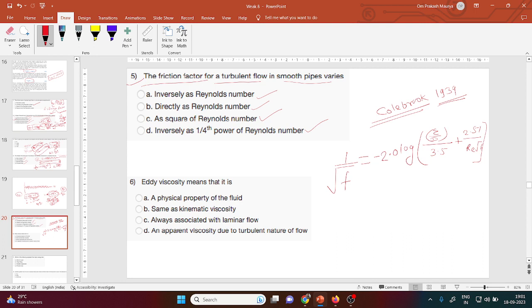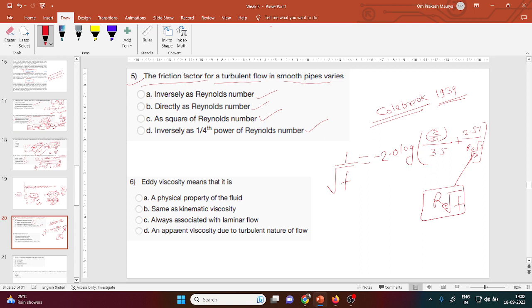So what's the term written after the Re? Re root of, is it f? Yes, yes. This is written: Re root f. We have f on the LHS and RHS. So this is the equation given by Colebrook for finding the friction factor, that is f, in the case of turbulent flow.